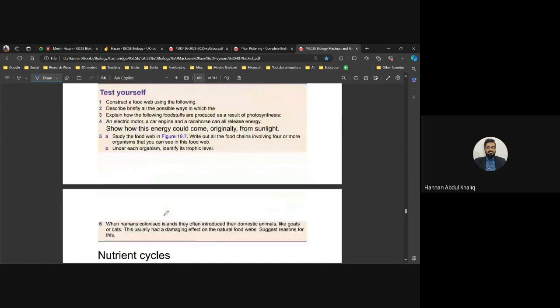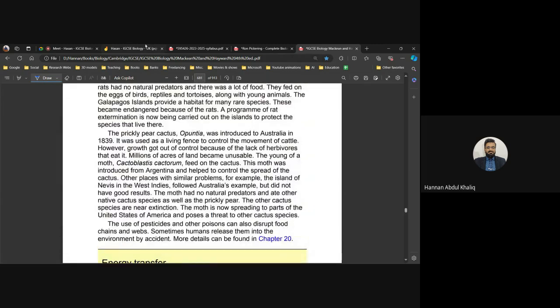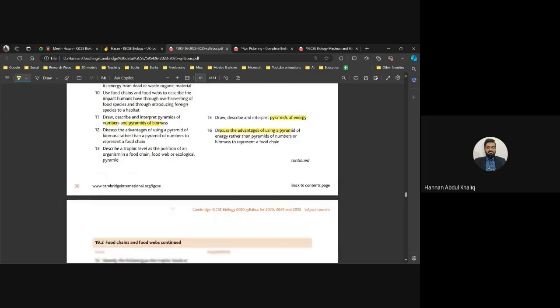The energy transfer, okay. So that is the whole thing about the essentials of the ecosystem. Advantages of using pyramids, I have already told you. Using the pyramid of energy rather than the pyramid of numbers and pyramid of biomass. This is very typical.